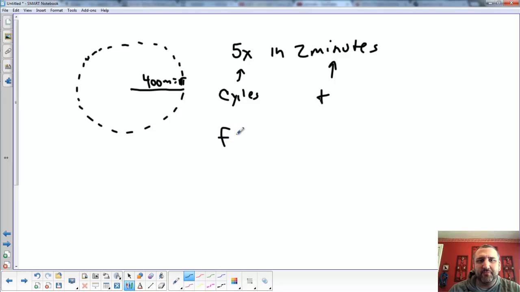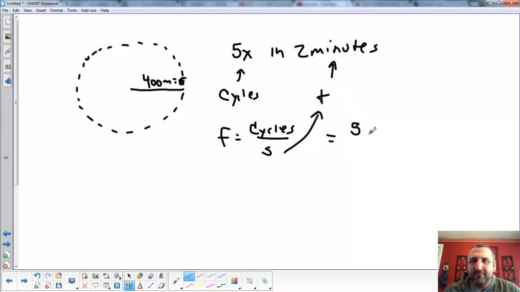We know that frequency is cycles per second, so we have to get those minutes into seconds. We're going to have to do a little bit of dimensional analysis. The frequency is going to be 5 cycles over 2 minutes, but we need this in seconds.